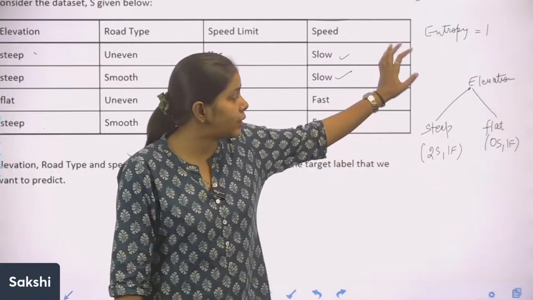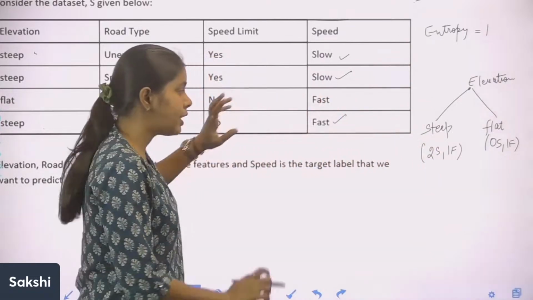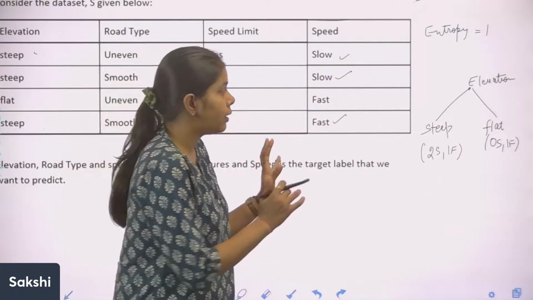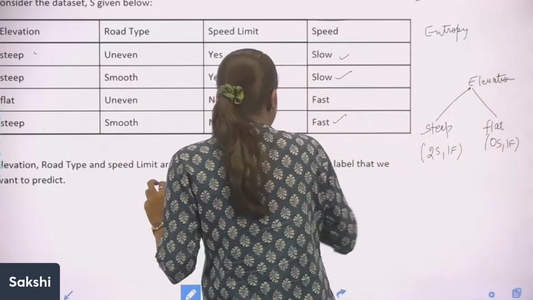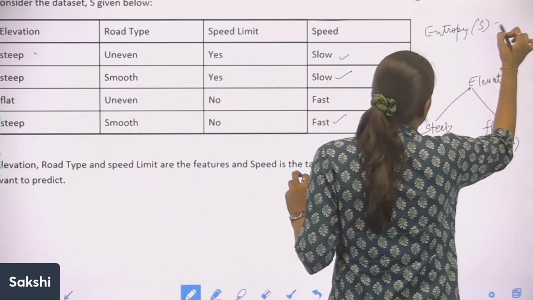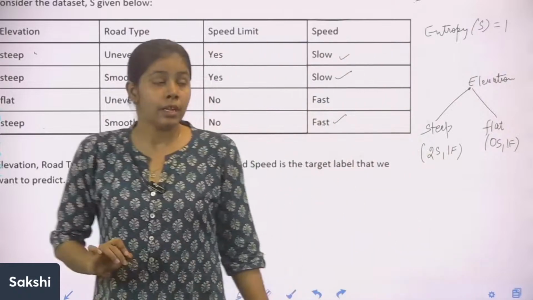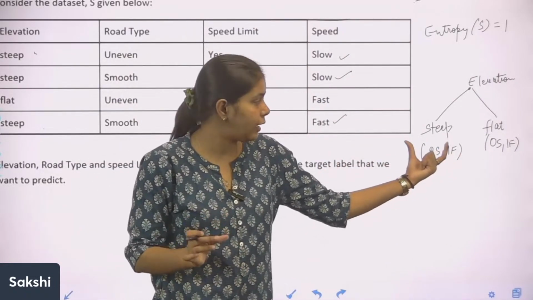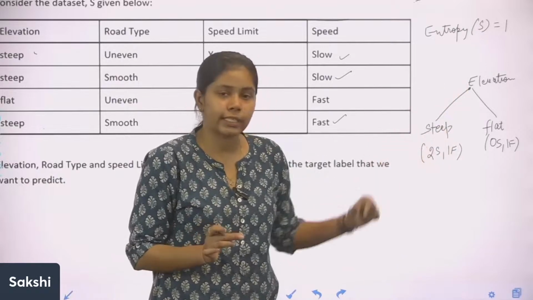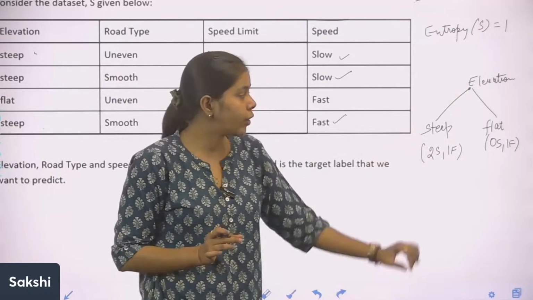Now they are asking what is the information gain. First we got the entropy of this whole data set, that is 1. Guys, understand this very carefully. For this whole data set, I get the entropy 1. Now I need to find the entropy for the value steep of the elevation feature.